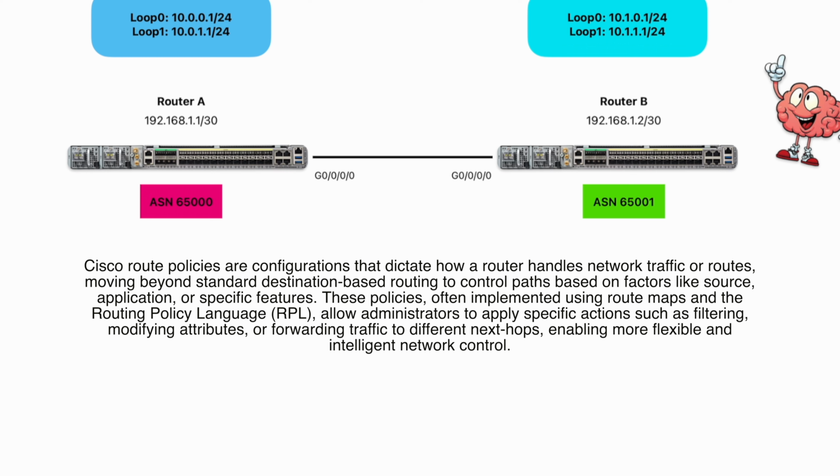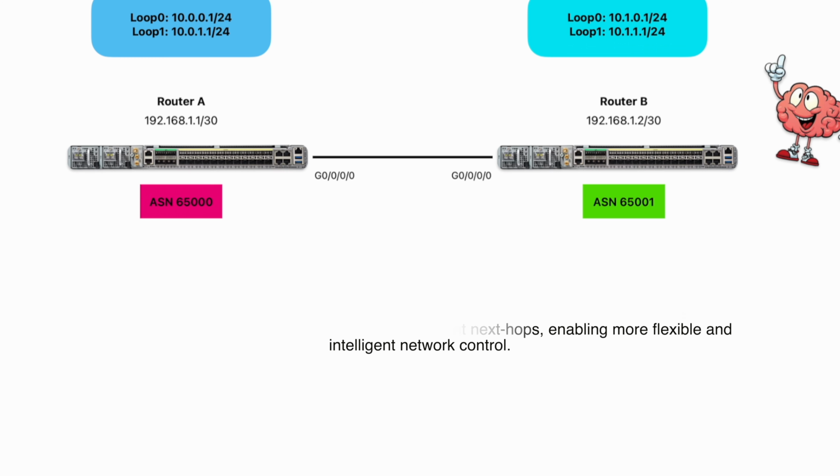These policies, often implemented using route maps and the Routing Policy Language, RPL, allow administrators to apply specific actions such as filtering, modifying attributes, or forwarding traffic to different next hops, enabling more flexible and intelligent network control.